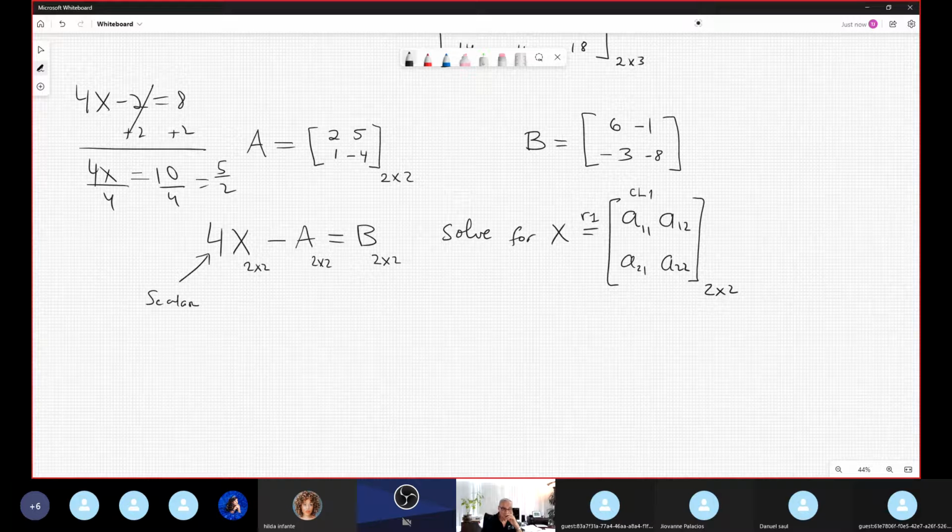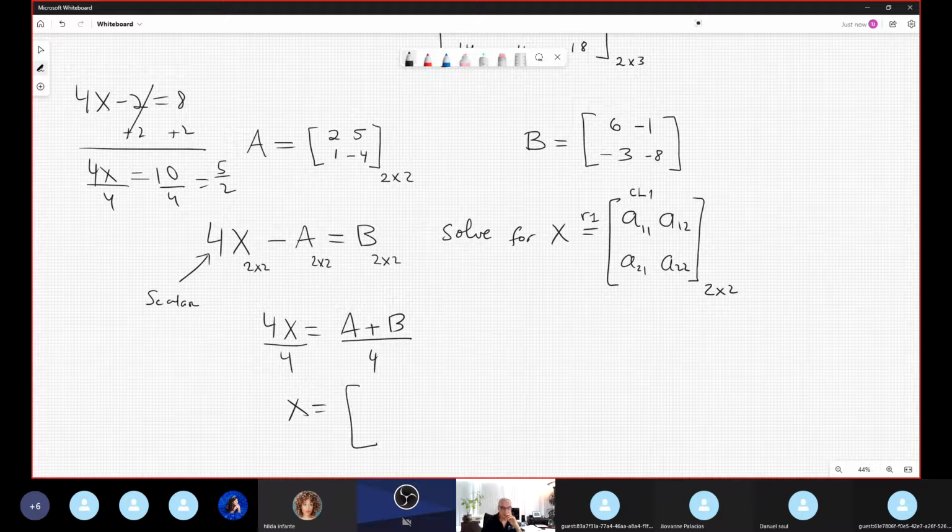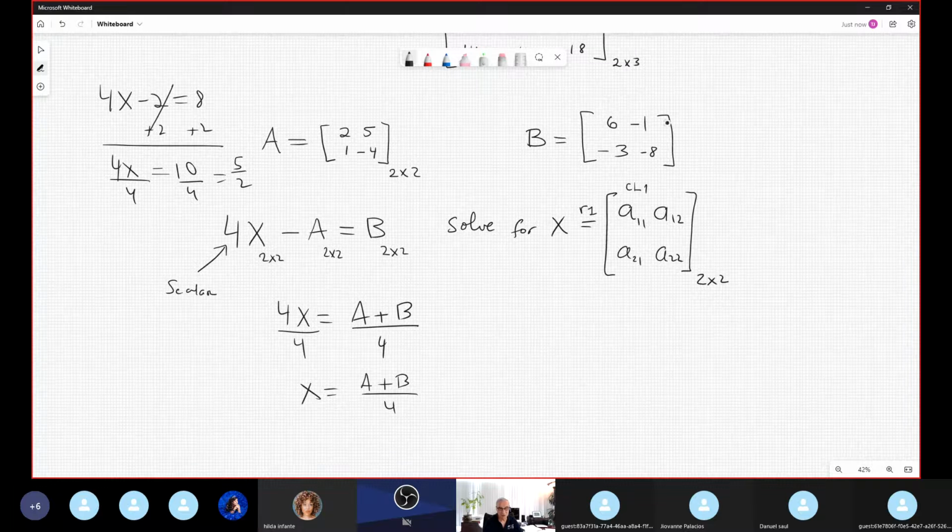You move A to the other side, A plus B, and finally divide by 4. So the X matrix is, well, not yet, A plus B over 4. So division. You studied multiplication, not division, but it's the same because dividing by 4 is equivalent to multiplying by 1/4.